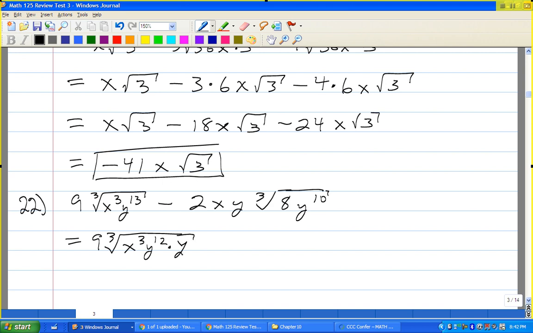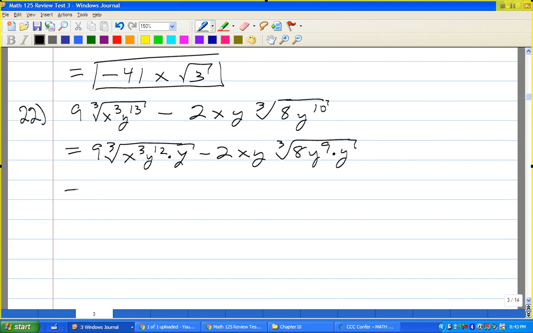Notice that each of these are perfect cubes: the x to the 3 and the y to the 12, minus 2xy cube root of, let's write this as 8 y to the 9 times y. And so this is equal to 9. The cube root of x cubed is just x.